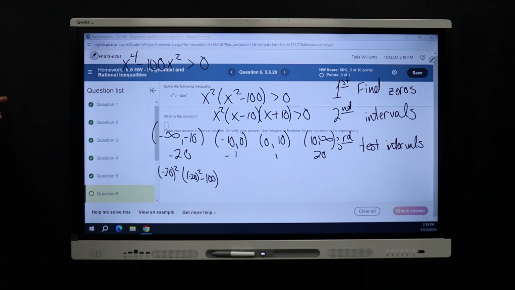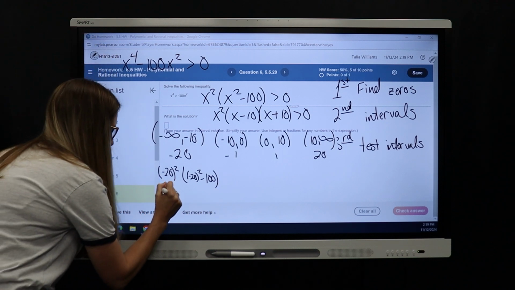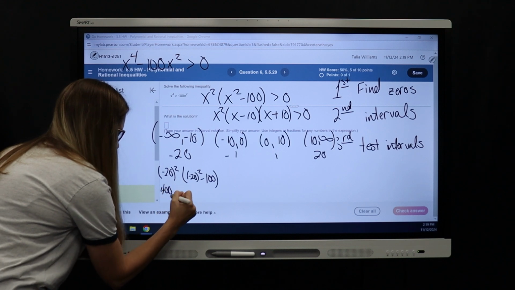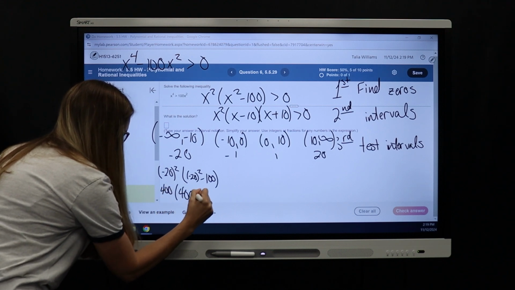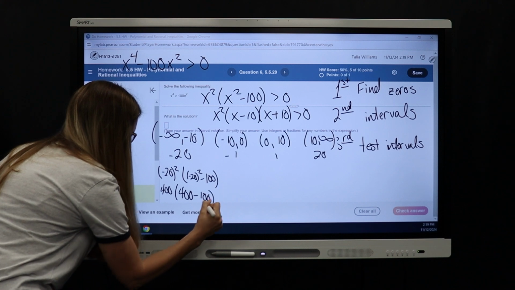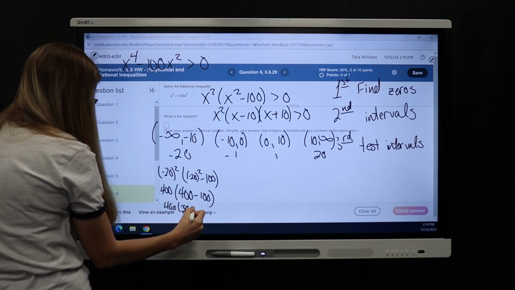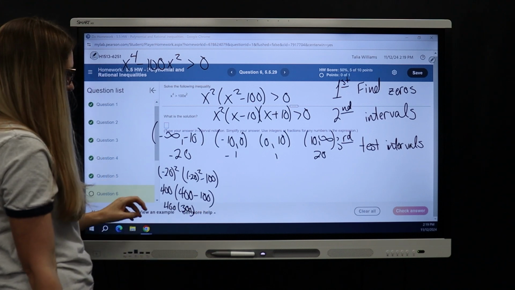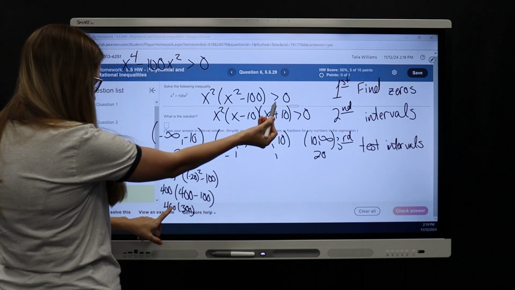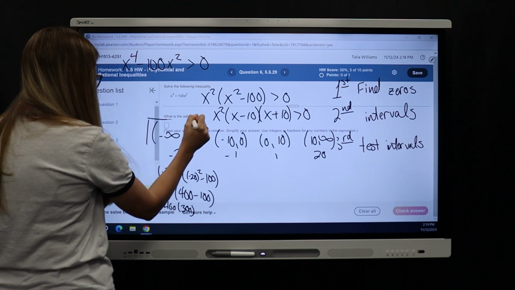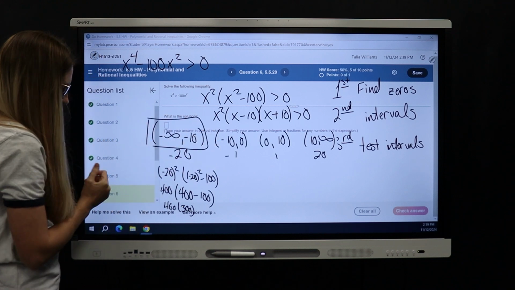So negative 20 squared is going to be positive 400. And so then I'm going to have 400 here, subtract 100. So 400 times 300 is going to be a positive number. That is going to be greater than 0. So this one is going to be an answer.